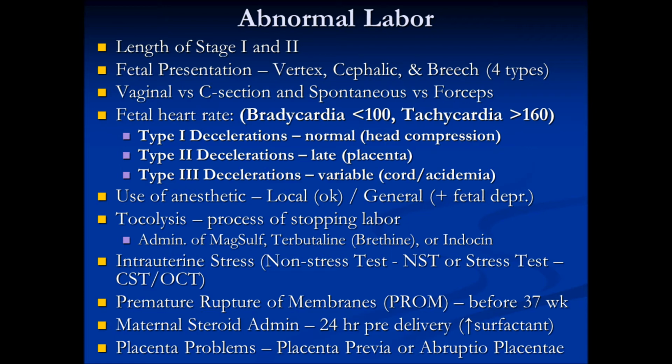Because if it moves or if it becomes dislodged, you are in an abnormal labor situation and you may have to emergently go in and get the baby to save both baby and mom. So we'll talk more about placenta previa and abruptio placentae on the abnormal delivery slide, on the next slide.